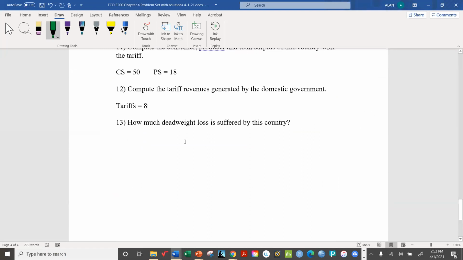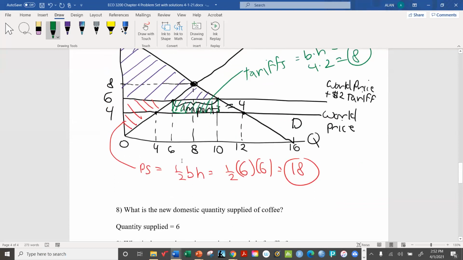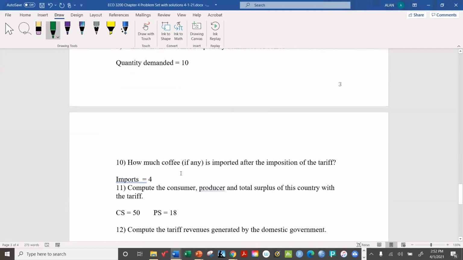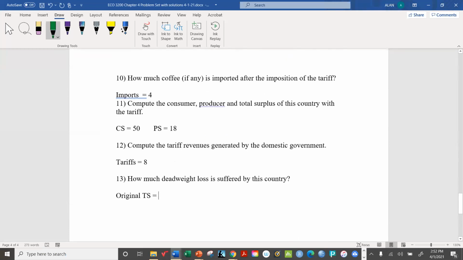So how much deadweight loss is suffered in this country? Well, all right, so the original total surplus was 80. Now, in this case, if you add the consumer surplus plus the producer surplus plus the tariff revenues, we can think of this as the new total surplus.